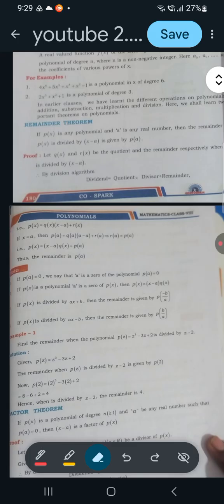Whatever it may be, ax plus b is equal to 0.